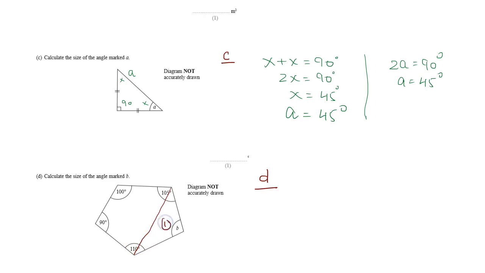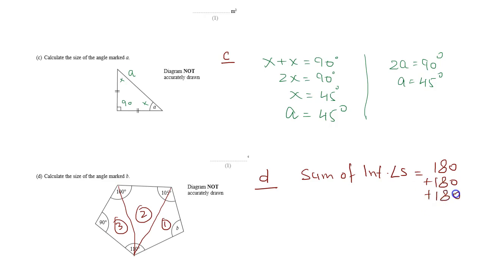This is one triangle, this is a second triangle, and this is a third triangle. So these are the three triangles. So the sum of interior angles is 3 triangles, which means 180 plus 180 plus 180. Total is 540.